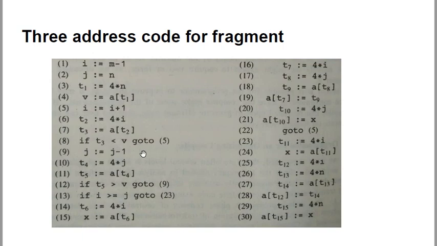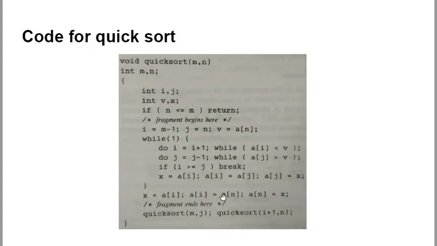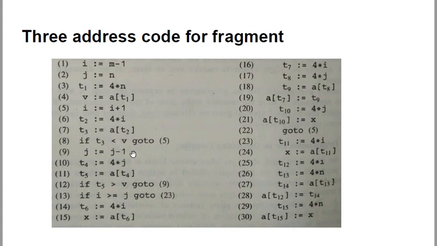I hope this is very clear to you by now. So we are replacing this kind of C language code by code which contains at most 3 addresses. Each statement will contain at most 3 addresses, nothing more than that.